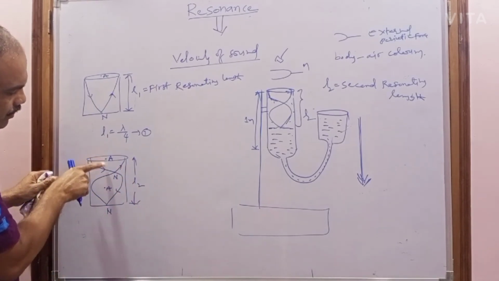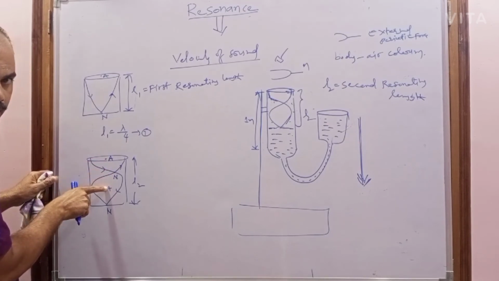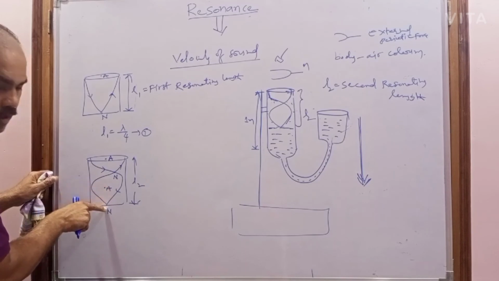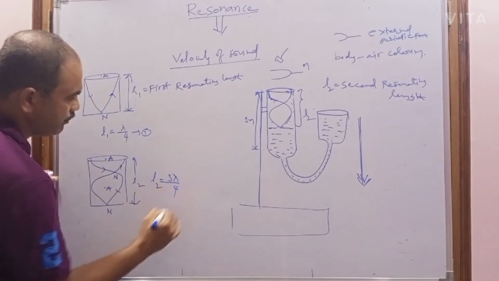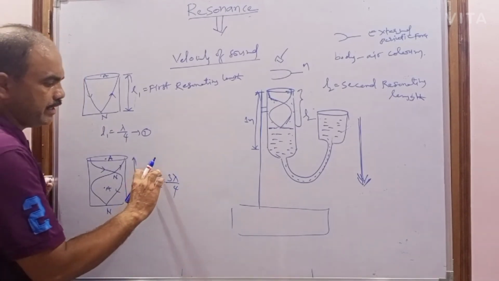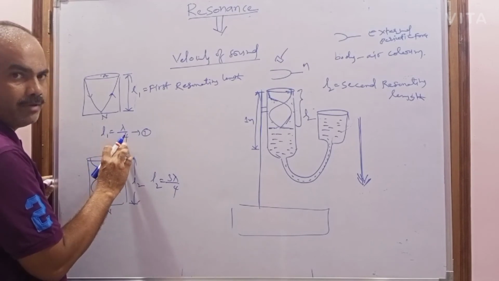First antinode to node, lambda by 4. Again node to antinode, lambda by 4. Again antinode to node, lambda by 4. Total how much? L2 is equal to 3 lambda by 4. So the second resonating length is 3 lambda by 4, and the first resonating length is lambda by 4.